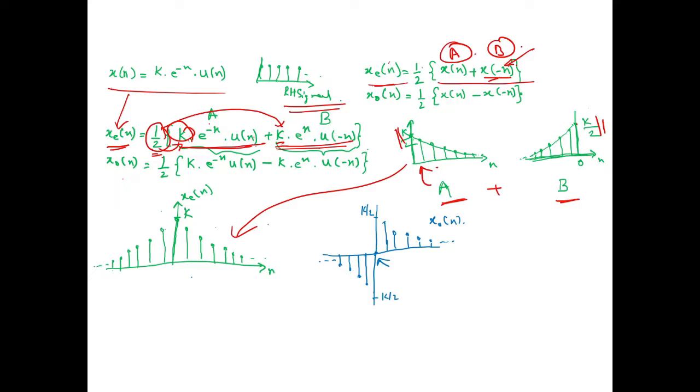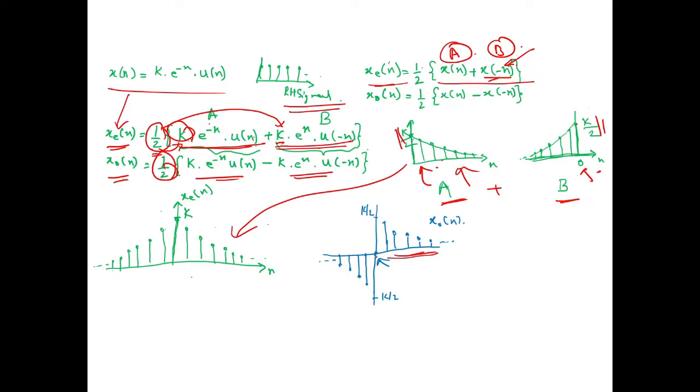Okay. So next, similarly, we are having this a component and b component, and x odd of n. Since we have taken this half, we just have to subtract this b from a. So graphically, you can see these signals are present over here. In the positive half it would be okay.